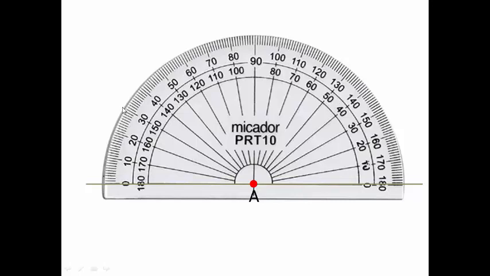You can just use your pencil to dot this place and then draw your line. Can you see that? So you have drawn a line passing through 30 degree. If you measure between this place and this place with your protractor, it should give you 30 degree, which is what you have here.